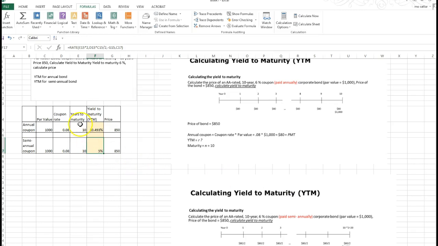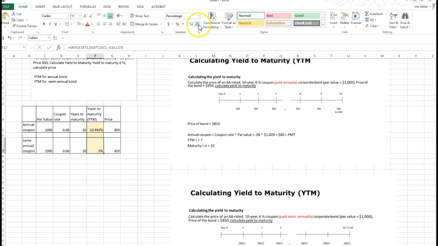Now remember the 5%, let me just put little decimals in there. Remember the 5% is for 6 months. So what we have to do is take this number up here, and then multiply by 2, and hence you will get something that's comparable to what it should be. So that's how you would calculate the yield to maturity for semi-annual.